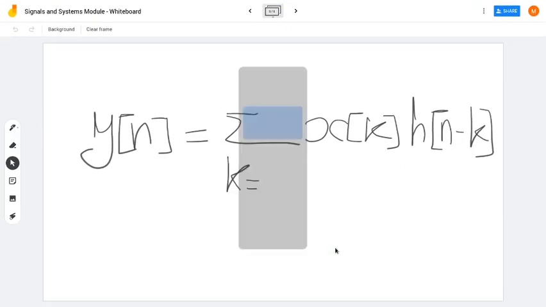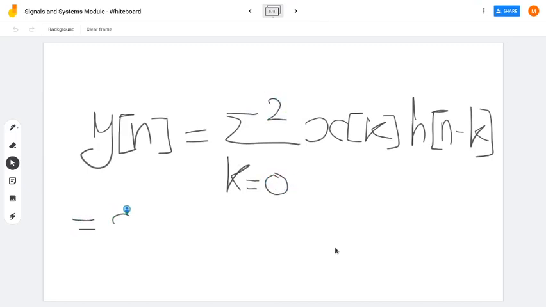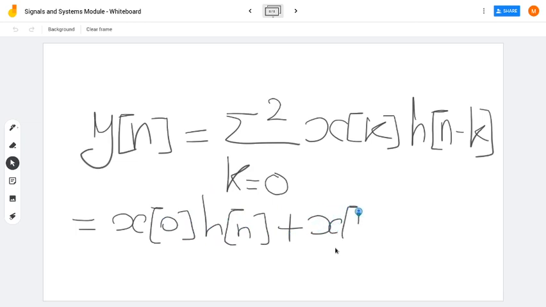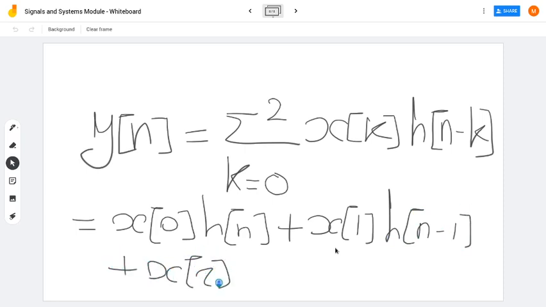So the summation here would be going from 0 up to 2, which will be x of 0 times h of n plus x of 1 times h of n minus 1 plus x of 2 times h of n minus 2.